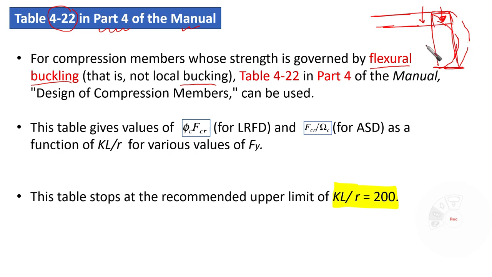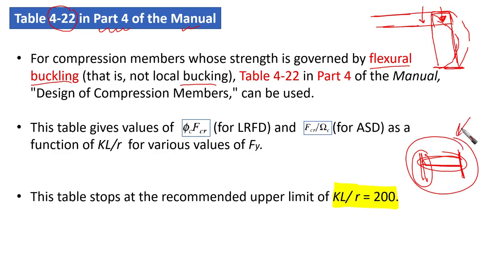But if there is a certain part in the section that is going to buckle, for example, if this is the cross-section of the column and the flange or the web is going to buckle locally, then in this case we call it a local buckling failure, and the cross-section is going to be slender.